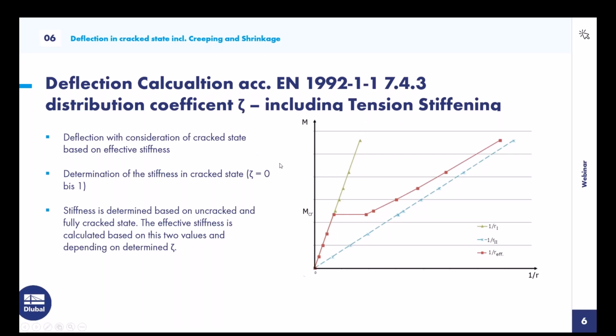So this means there's not only the completely uncracked or completely cracked state, there's a state in between. So the deflection is calculated based on an effective stiffness. This means this distribution coefficient could not be only 0 or 1. It could have every value between 0 and 1. And based on this distribution coefficient, the stiffness is determined.